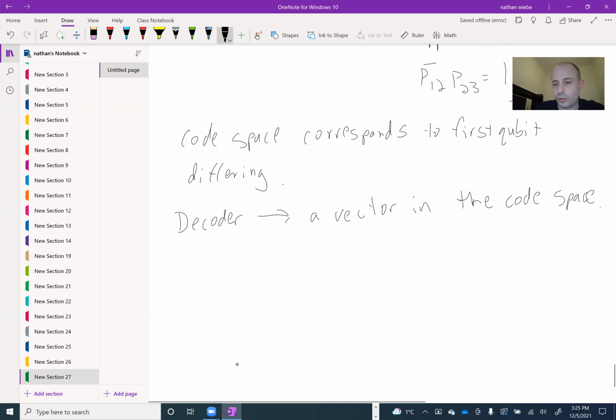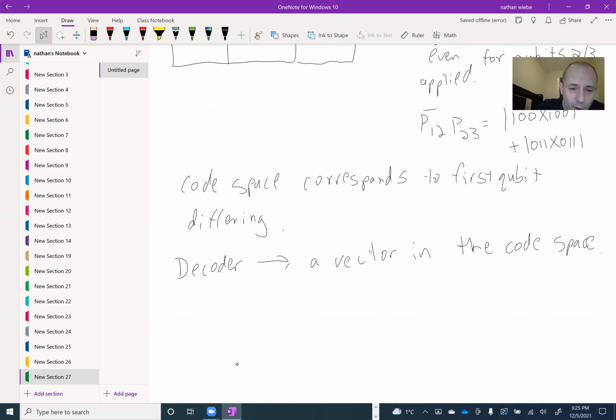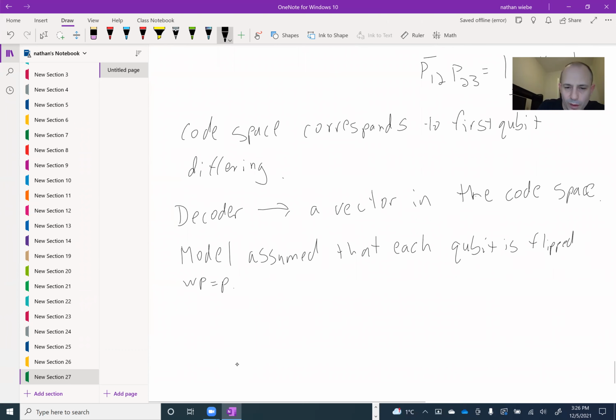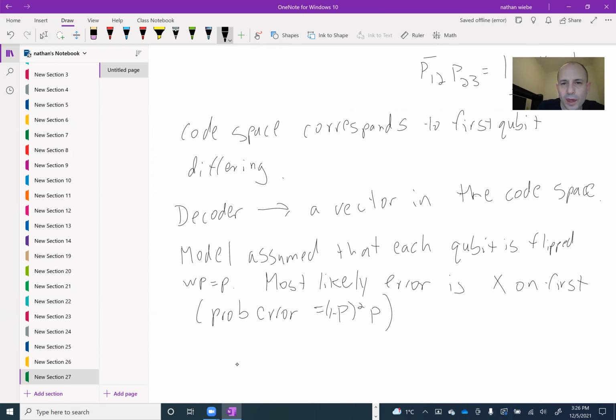Our model assumed that each qubit is flipped with probability p, so the most likely error is X on the first qubit, since the alternative is of order p squared.